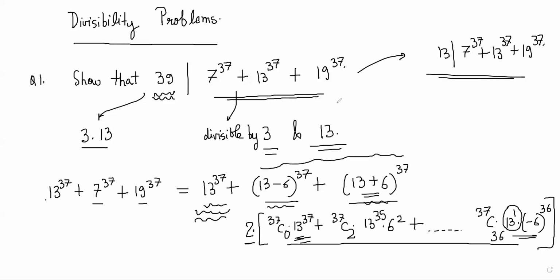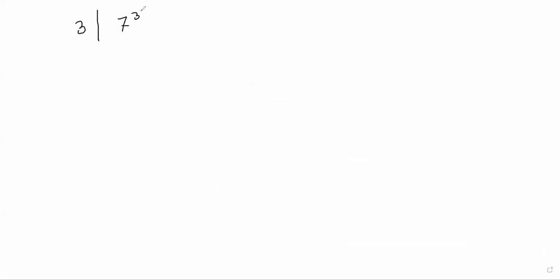So that is confirmed. Now what we have to show is that 3 divides 7 power 37 plus 19 power 37 plus 13 power 37. We have to prove that this is divisible by 3 as well, right? So how do we do that?